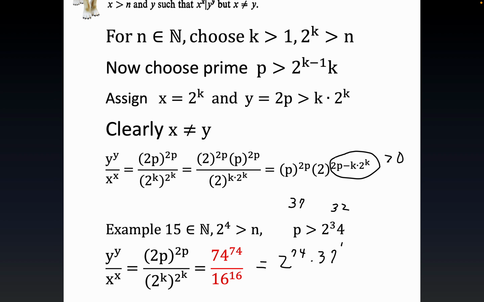And then, holy moly, what do we have right here? Well, 16 is 2 to the 4th, so this would be 2 to the 64th. So again, as before, I have the room to write this out. This is certainly an integer, isn't it? It's 2 to the 10th times 37 to the 74th. And again, these numbers are unpronounceably large. It's nice to work with exponents.